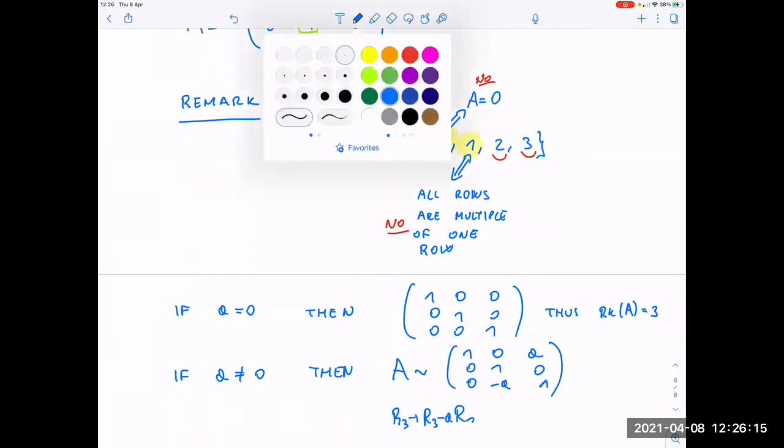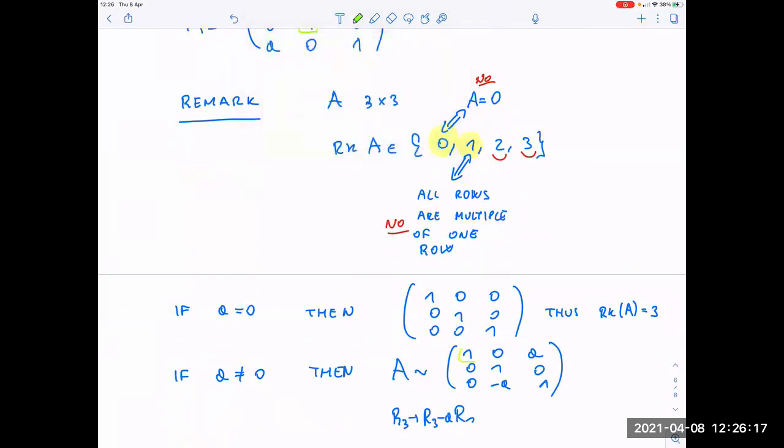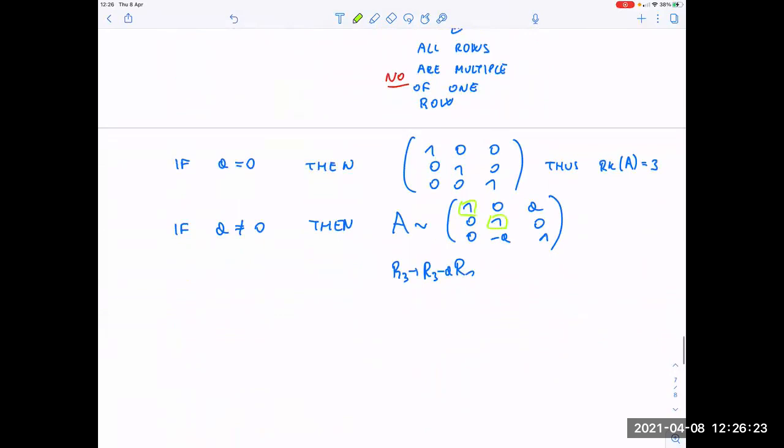And so you have a marker here, marker there, and then what do we do? We do one further reduction step to get 1, 0, A, 0, 1, 0. Then I multiply by A the second row, and I sum. So I do row 3 into row 3 plus A row 2.